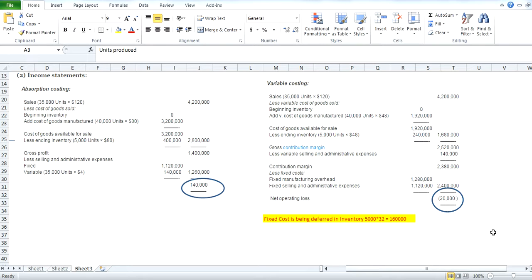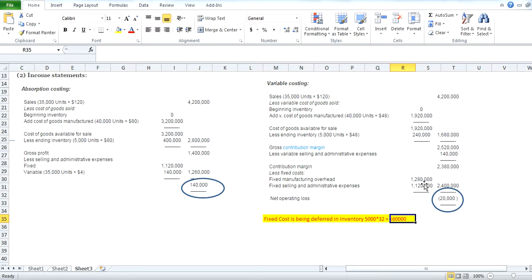In general, you're going to be asked to reconcile the difference between the two methods. So to reconcile the $160,000 difference between 140 and negative 20, it is because we're carrying 5,000 units in ending inventory multiplied by the $32 per unit fixed cost portion, which equals 160,000.